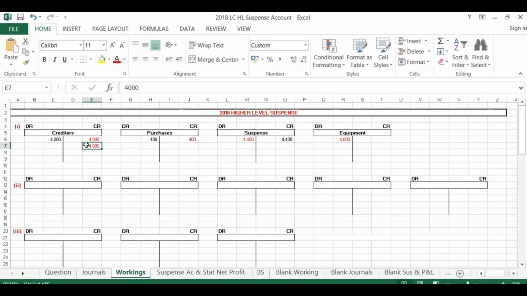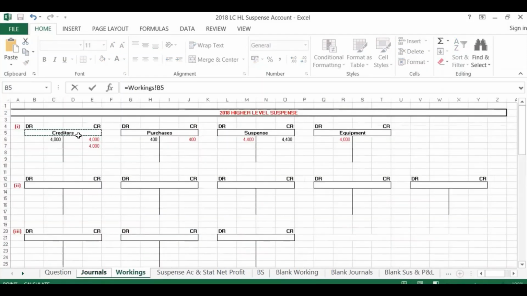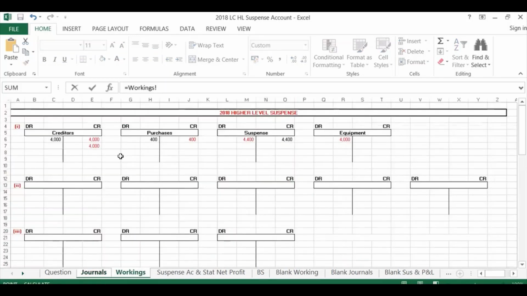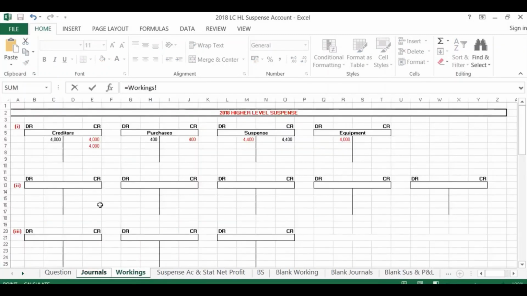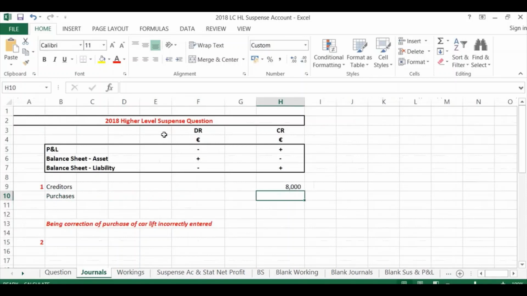So my first journal is I'm going to credit creditors with 8,000 in total. I'm going to credit purchases with 400, and again, I'm just taking the figures in red.